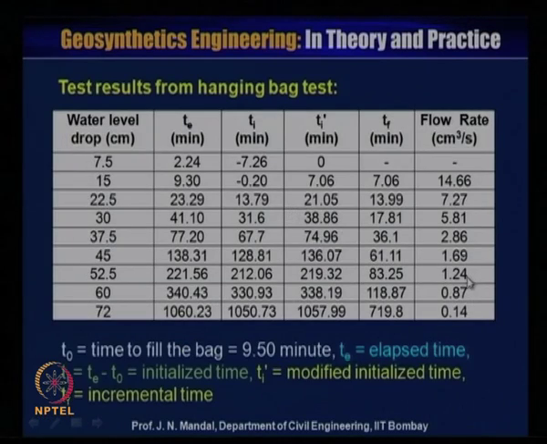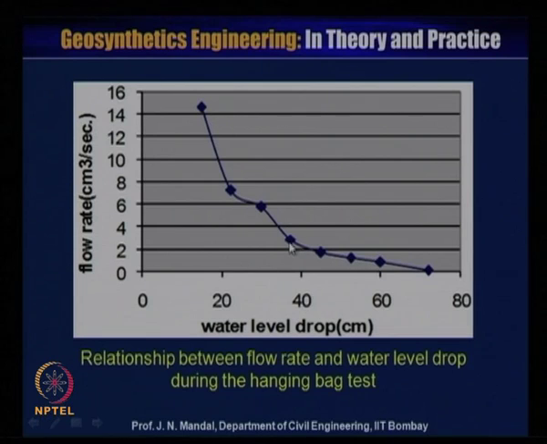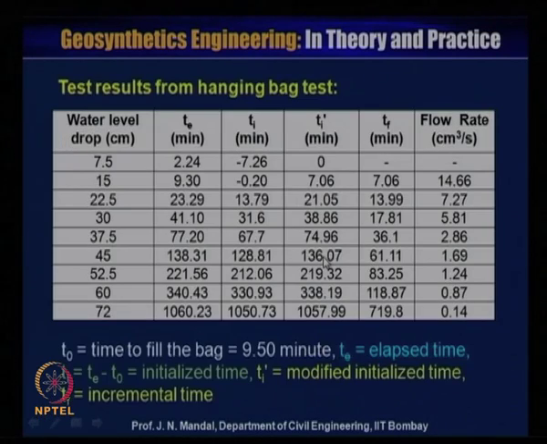Similarly for 37.5, the flow rate is 2.86, and like this you can continue and have a correlation between the water level and the flow rate.